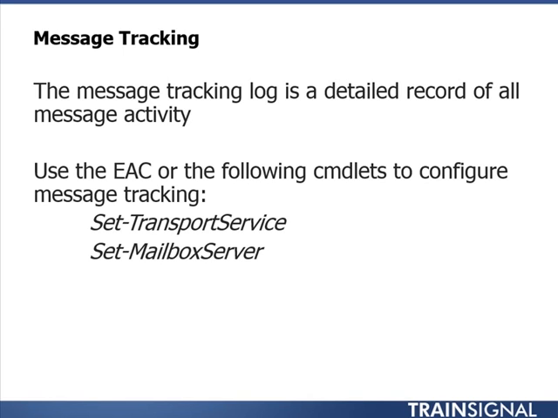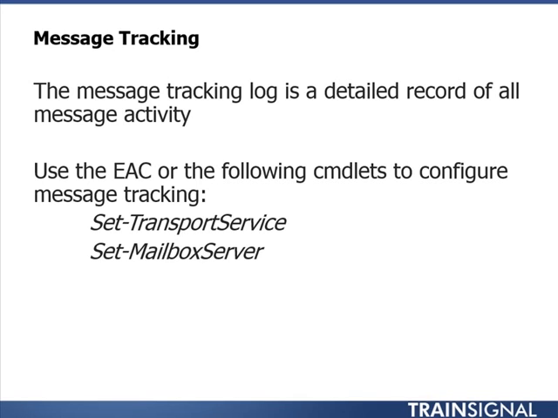In addition, you can use these cmdlets to specify the location of message tracking log files. You can specify the maximum size for the individual message tracking log files, which the default is 10 megabytes. You can specify the maximum size for the directory that contains the message tracking log files, the default being 1000 megabytes. You can also specify the maximum age for the message tracking log files, the default is 30.